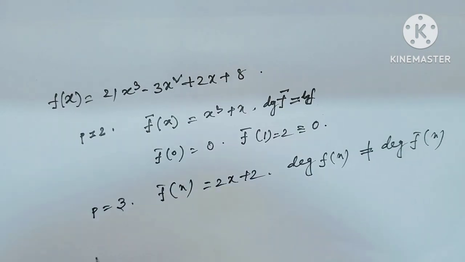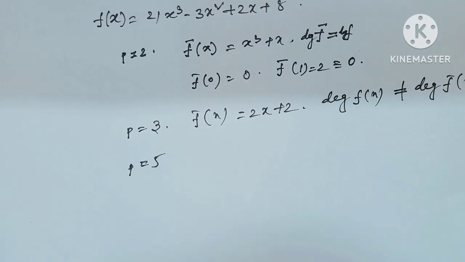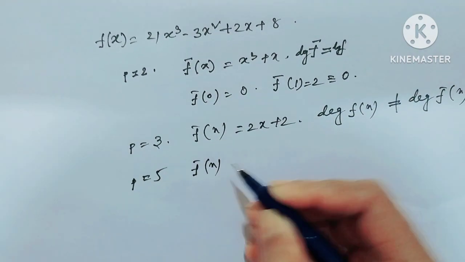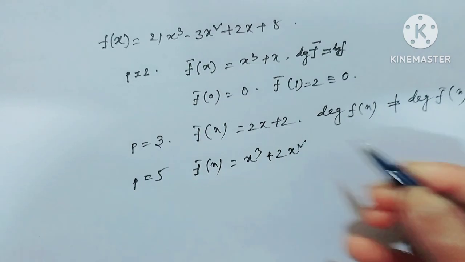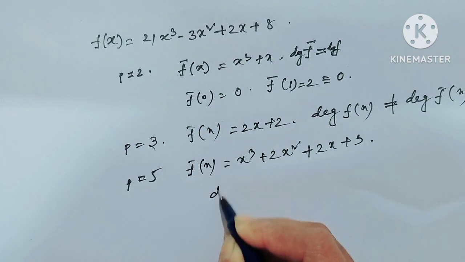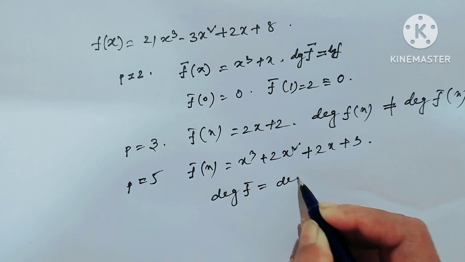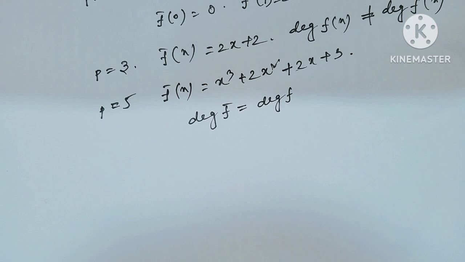Next, consider p equal to 5. Then f bar(x) would be x cube plus 2x square plus 2x plus 3. Notice here the degree of f bar is equal to the degree of f, so obviously we can apply the mod p test.